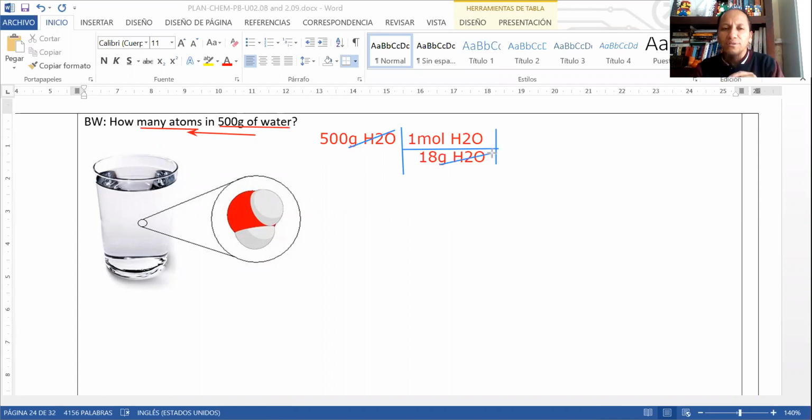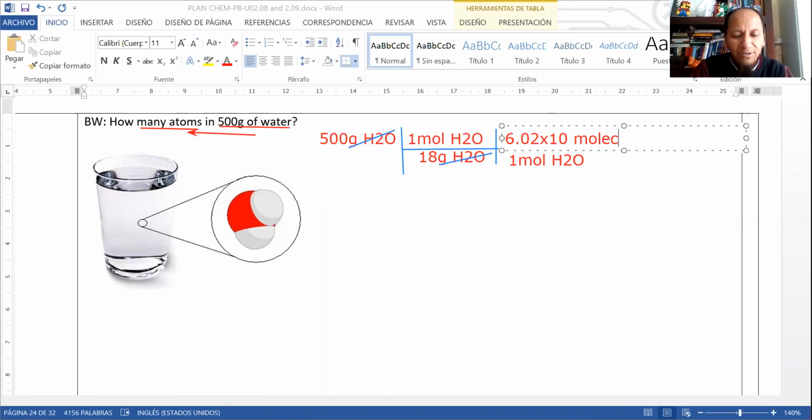But I didn't want moles. The question says the number of atoms. For that, we have to do a step before. It says before, again, 1 mole of H2O. In 1 mole of H2O specifically, you have 6.02 times 10 to the 23 molecules of H2O.